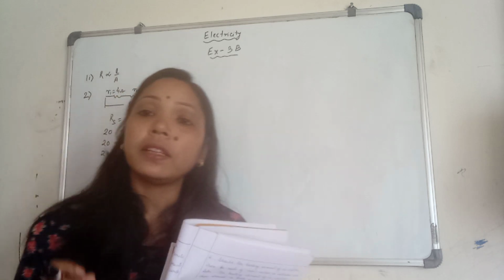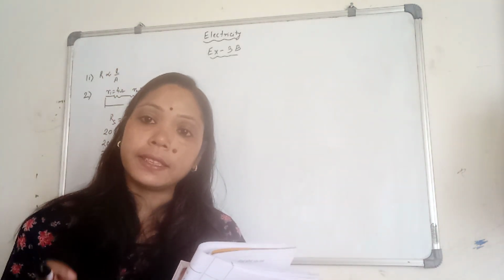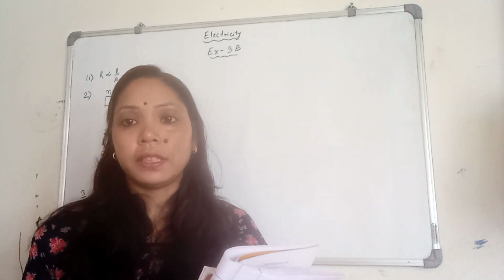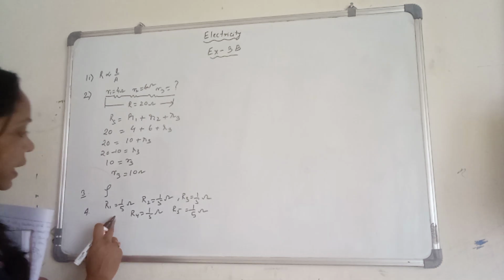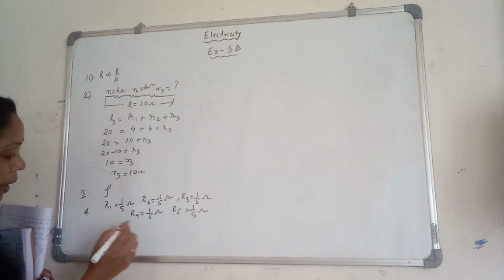Now you have to find the minimum resistance. We know that whenever we connect the resistances in parallel, we always get the minimum resistance. It means we have to connect this R1, R2, R3, R4 and R5 in parallel.